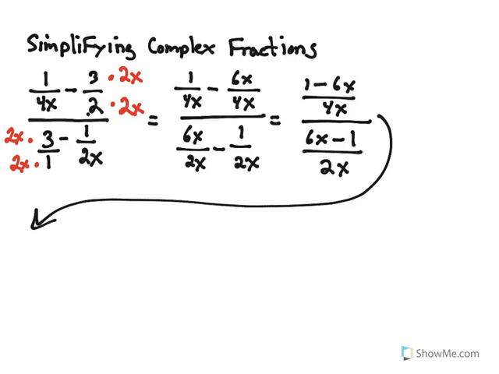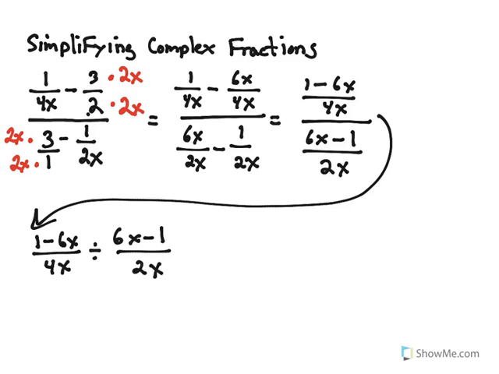I'm going to write this as 1 minus 6x over 4x divided by 6x minus 1 over 2x. So we want to make sure that we are rewriting it in a traditional way where we can understand that.